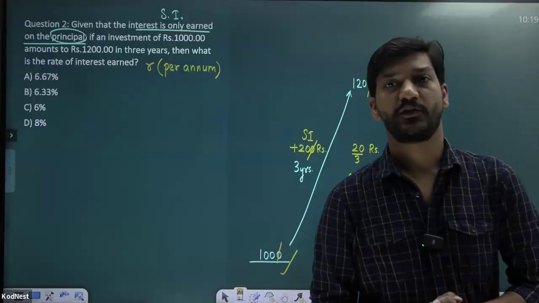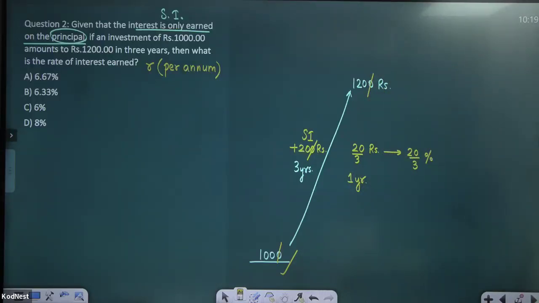Is this point clear? Please carefully see once. Just give me 1 minute.